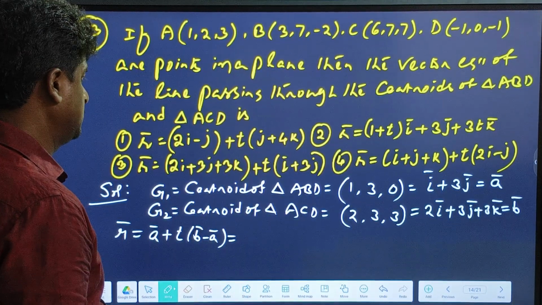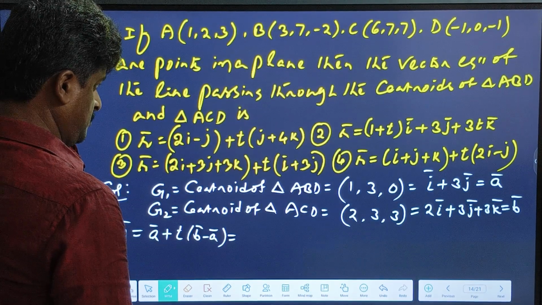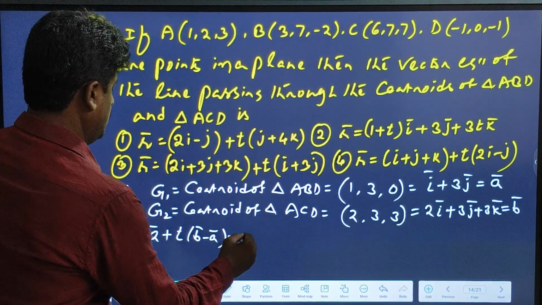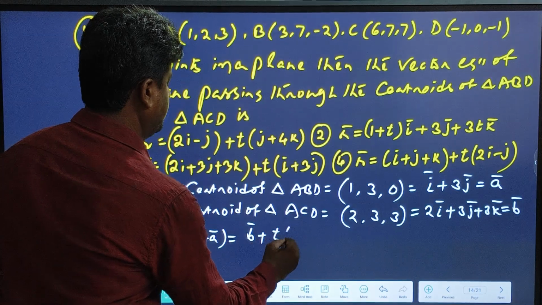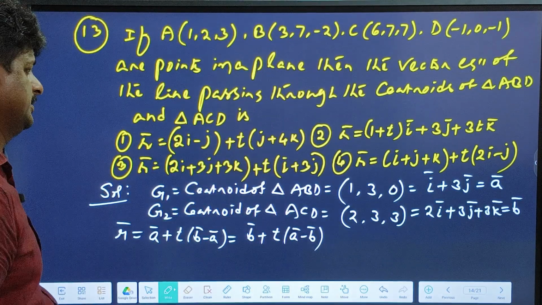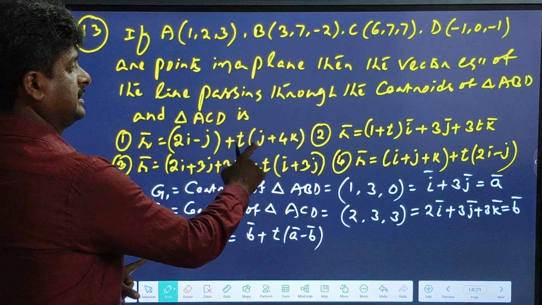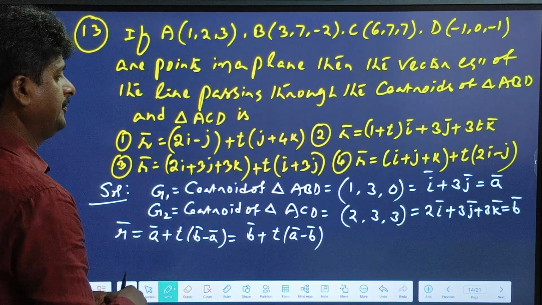or r bar equals b bar plus t into a bar minus b bar, whichever you like. So r bar is equals to a bar plus something is not there anywhere.